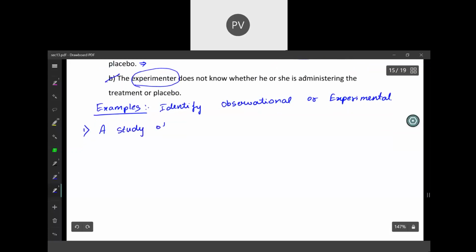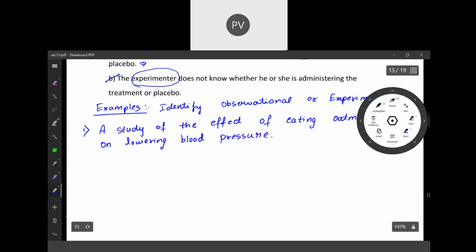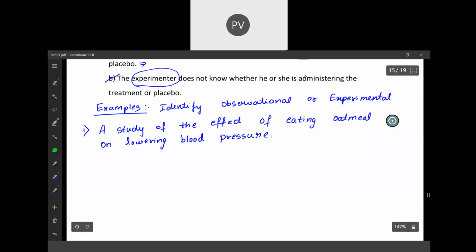A study of the effect of eating oatmeal on lowering blood pressure. What is this? Is this an observation or an experiment?